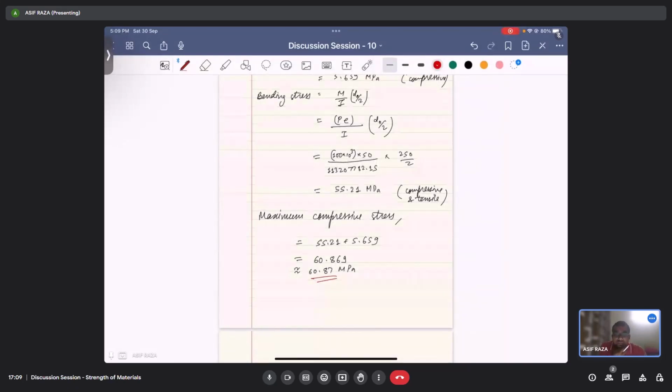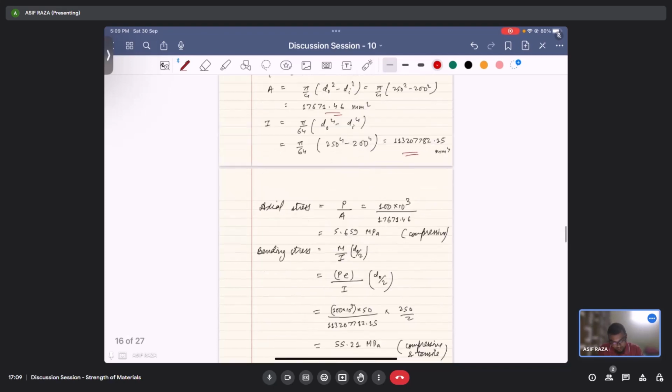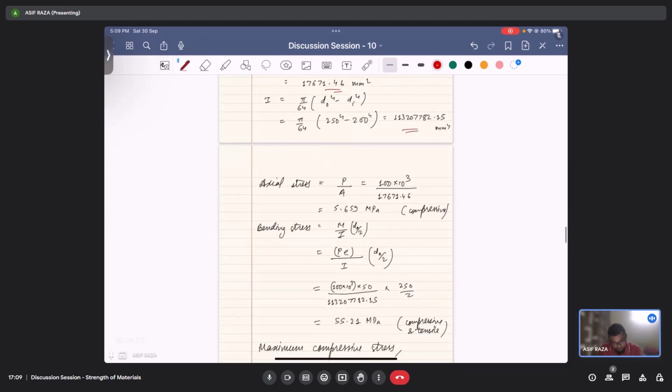Did I make any mistake in the calculation? Let me see. 100 into 10 power 3 into 50 into 250 divided by 2 divided by 113207782.15.